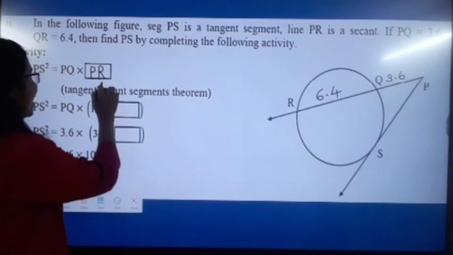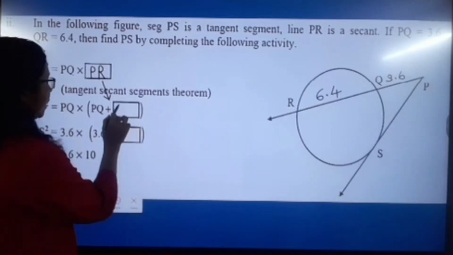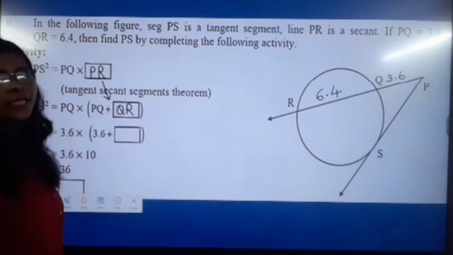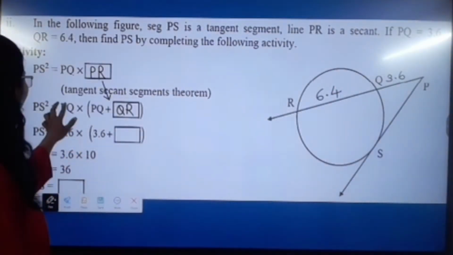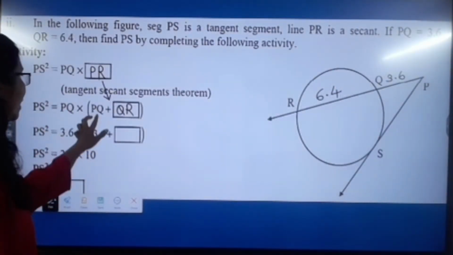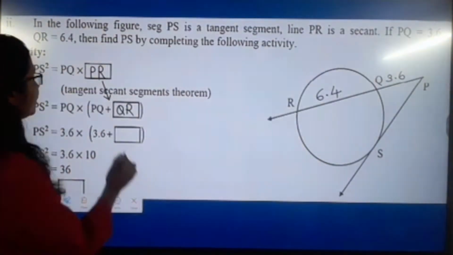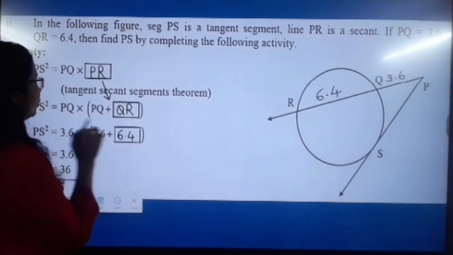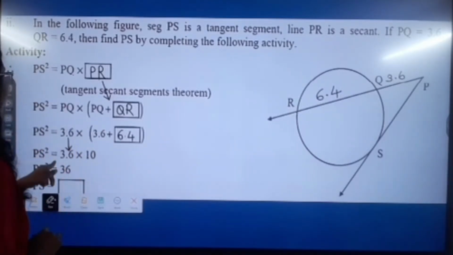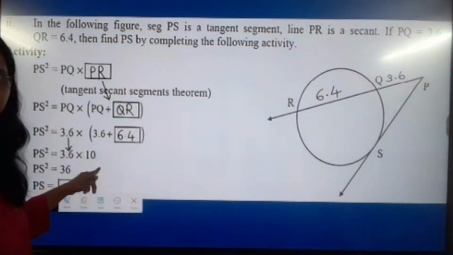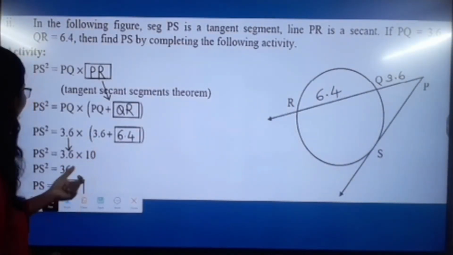So how can we get PR? We get PR as PQ plus QR. Now here PQ is 3.6 plus QR. What is QR? QR is 6.4. Then write down as it is, PS square is equal to 3.6 multiplied by 3.6 plus 6.4, that means 10.